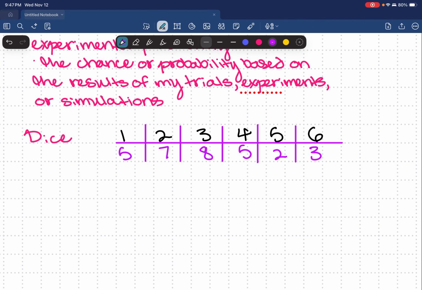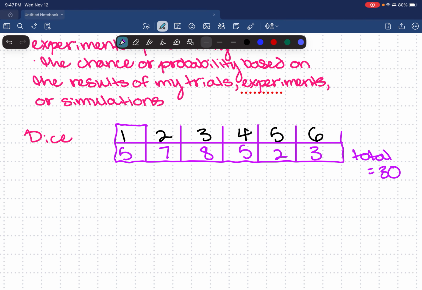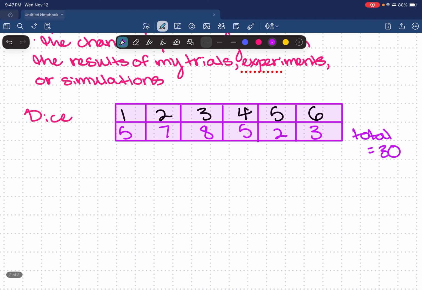So my total is 30. Sorry this looks so wonky. I'm trying to make it look a little bit better. It looks all right. We'll just roll with it for now.